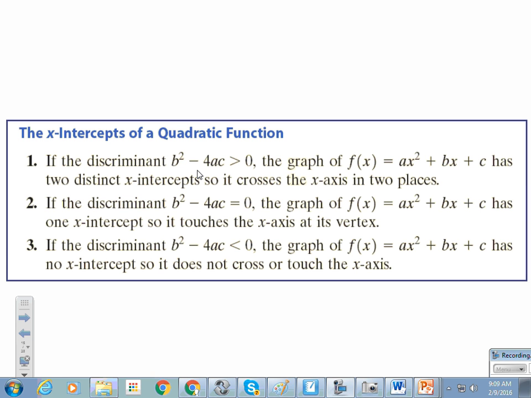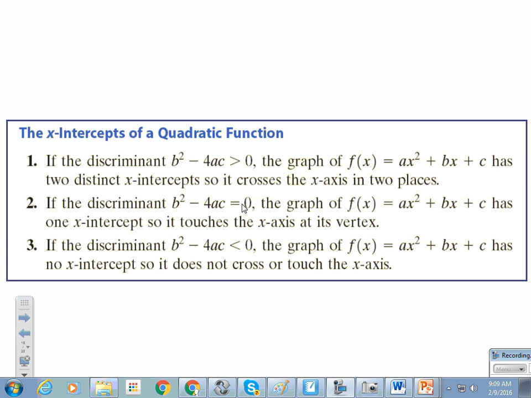If our discriminant, the part underneath the square root, is greater than 0, then we have two x-intercepts. If our discriminant is equal to 0, we have one x-intercept, and our vertex is actually sitting on the x-axis.